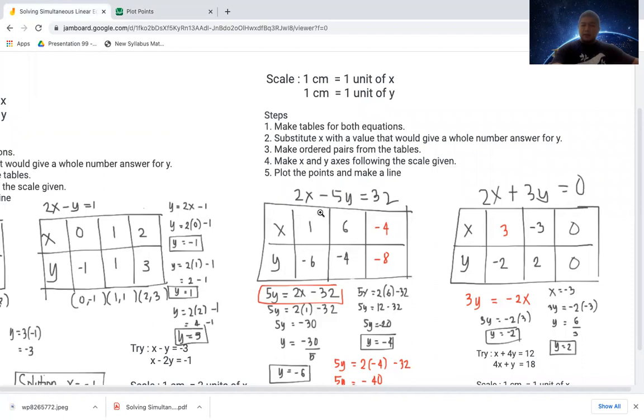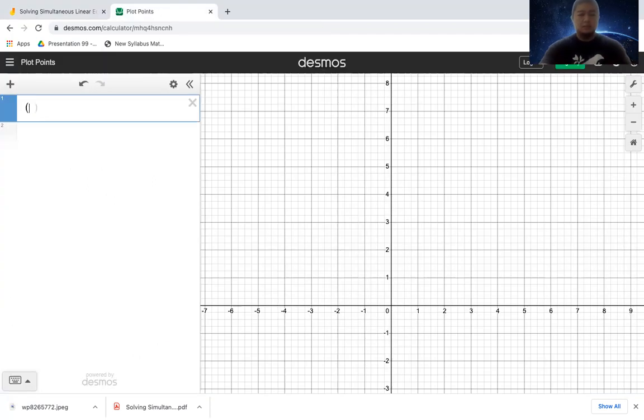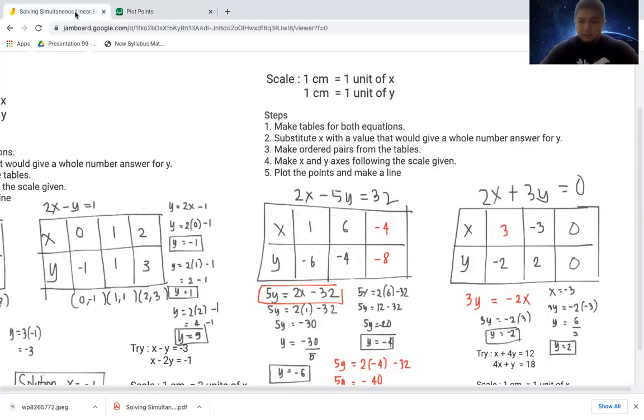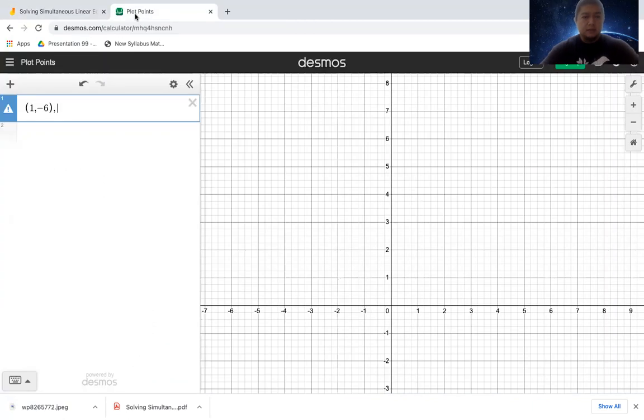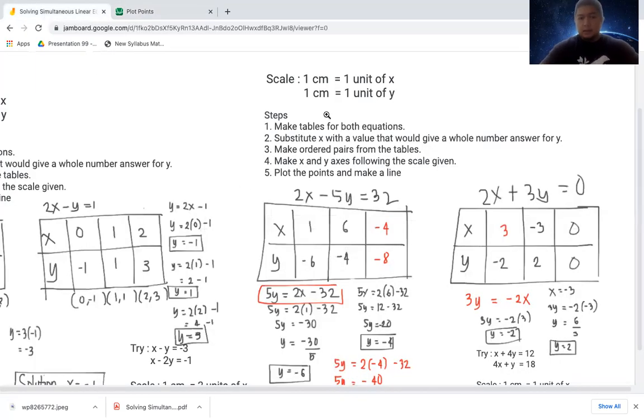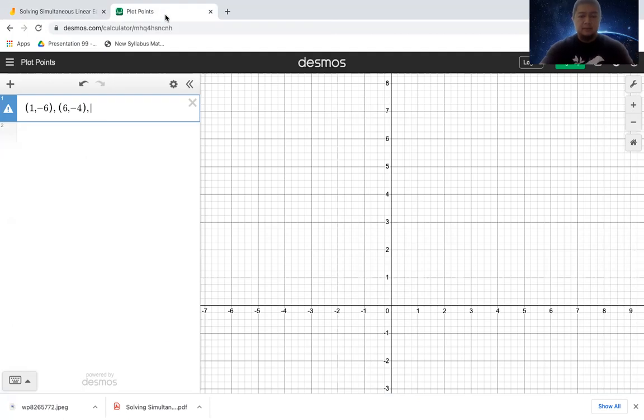Let's say you already know that these are the points. So we have 1 comma -6. The next one is 6 comma -4. The next one is -4 comma -8.